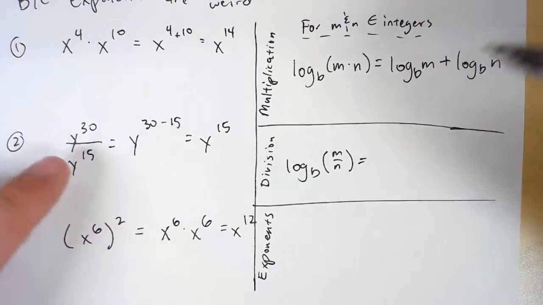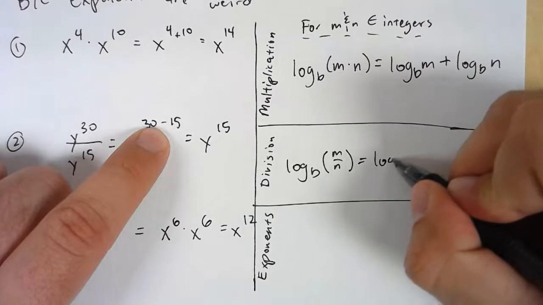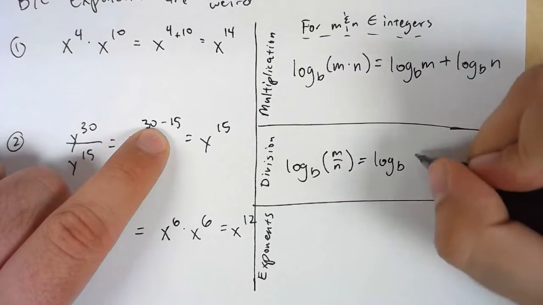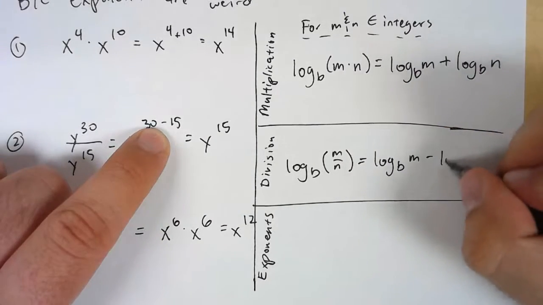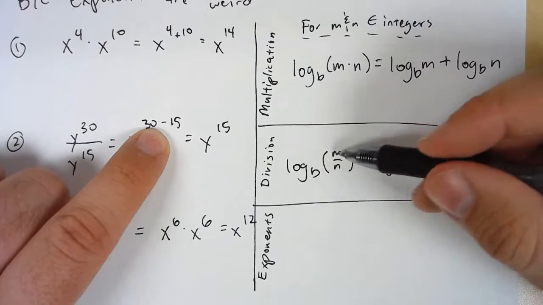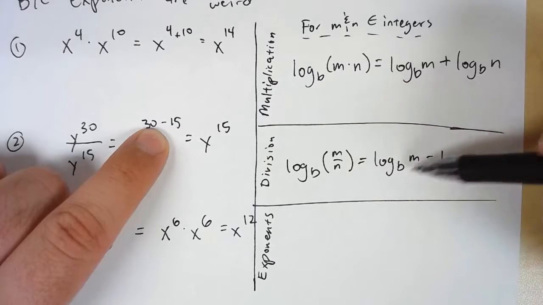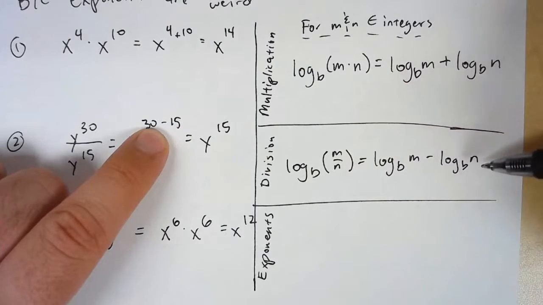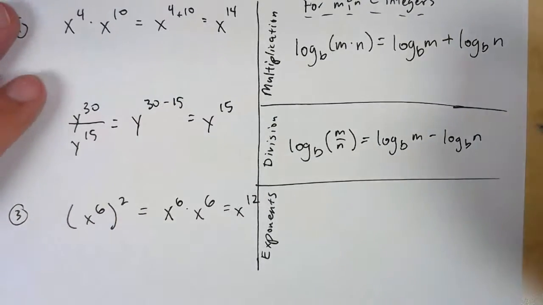Just like when we divided, we subtracted, so log base b of m over n is equal to log base b of m minus log base b of n. So it's going to be subtraction.